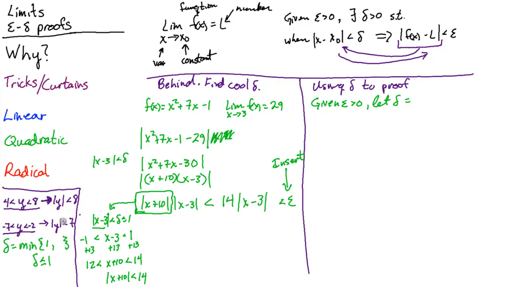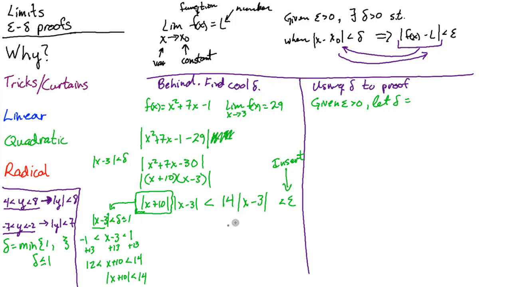Because delta is always less than or equal to 1, and I made that choice from the beginning when choosing what delta is, I have now forced that x plus 10 will always be less than 14 all the time, no matter what delta is, because delta's maximum value is 1, or it could go smaller, but this will always be less than 14.